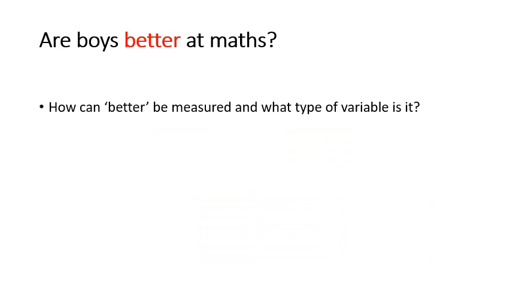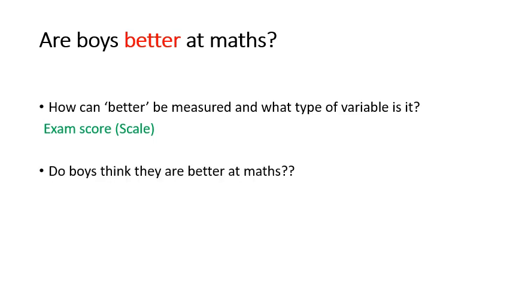So, are boys better at maths? How can better be measured, and what type of variable is it? You will look at the exam score to determine whether boys are better than girls at maths. The exam score is a scale variable, scale data.